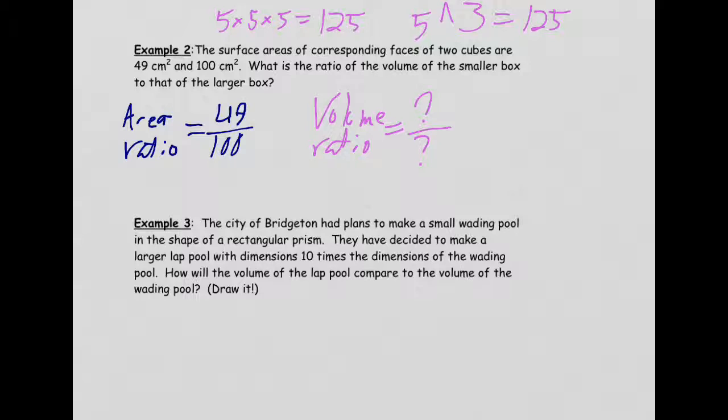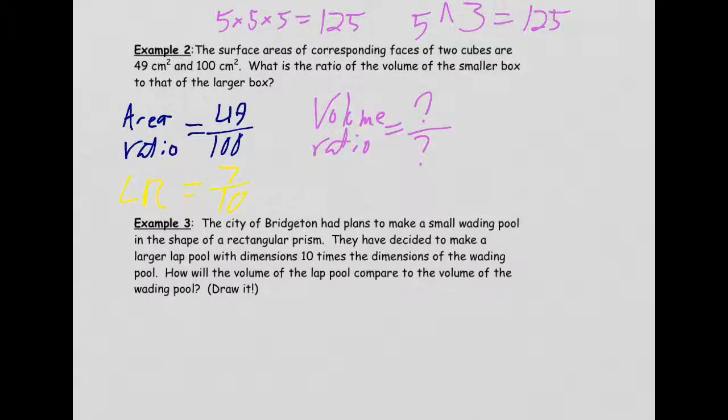How do I do that? I square root it. So I'm square rooting both of these. Square root of 49 is 7. Square root of 100 is 10. So the ratio is 7 over 10. I'm just going to call it LR 7 over 10.